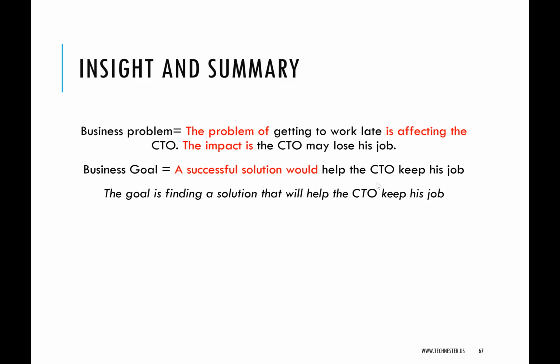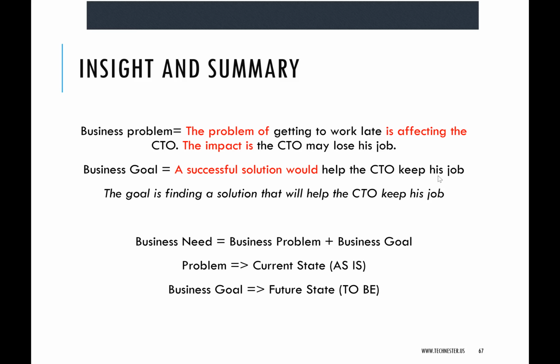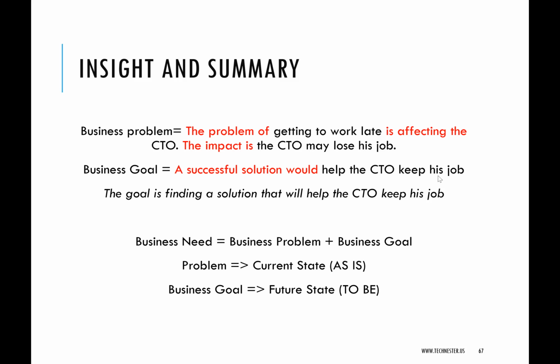So now you have a problem statement or a business need, combining the real business problem and the goal that we will pursue. So your business need is essentially your business problem plus business goal. That business problem is what helps us understand the current state of the organization.